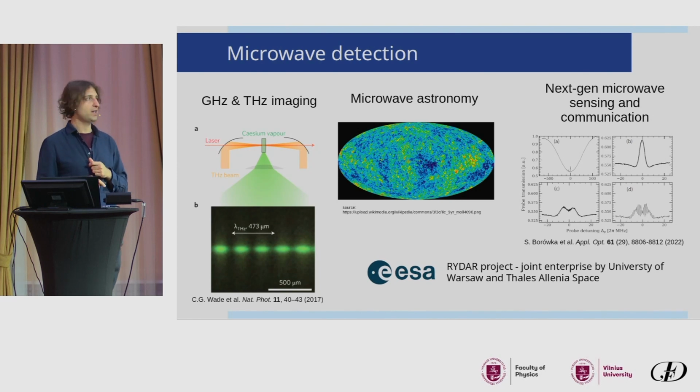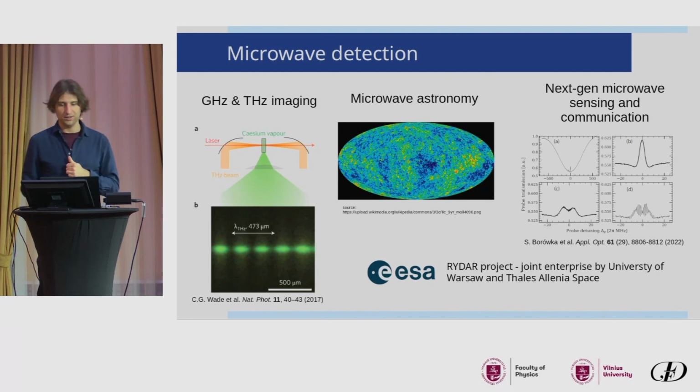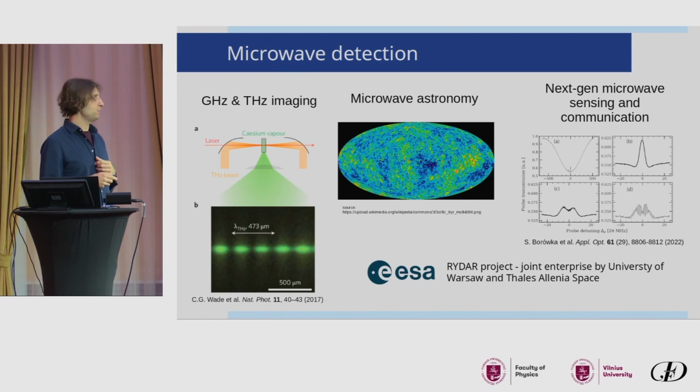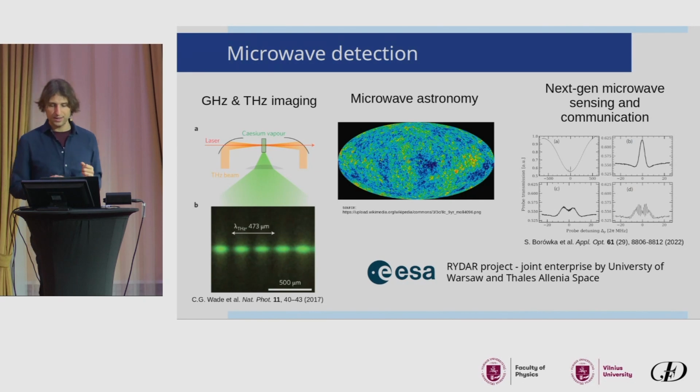So very weak radiation, for example, in space, it seems very interesting that you can use the atomic ensemble as a frequency converter between the gigahertz and the optical range. And we are also exploring, together with the European Space Agency, various applications in microwave ranging, sensing, communication, etc. But how does the detection exactly work?